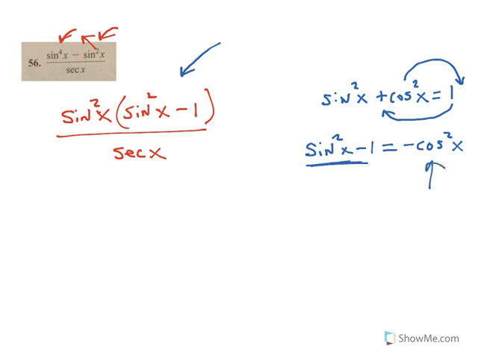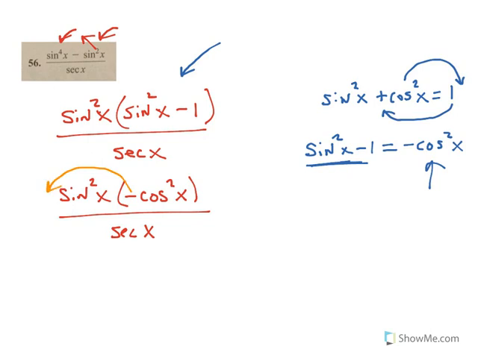So we can replace that in the original expression. So sine squared, the parentheses, that's going to change to a negative cosine squared all over secant of x. And sine squared times cosine squared, we could move that to the front since that's just all multiplication.